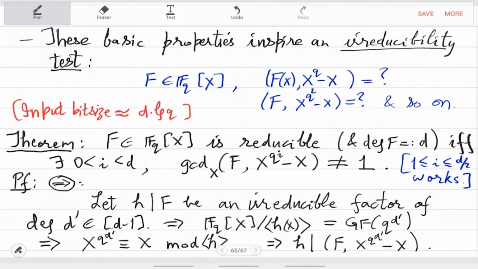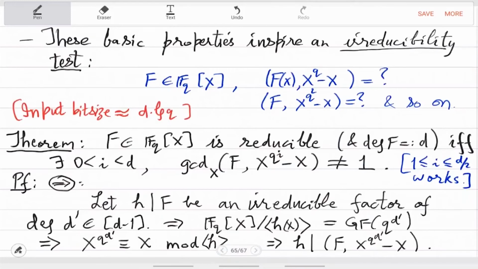That is a good characterization because if you look at the converse, what are the factors of x to the q to the i minus x? What is the degree of the irreducible factors of x to the q to the i minus x? They are actually irreducible polynomials of degree dividing i.